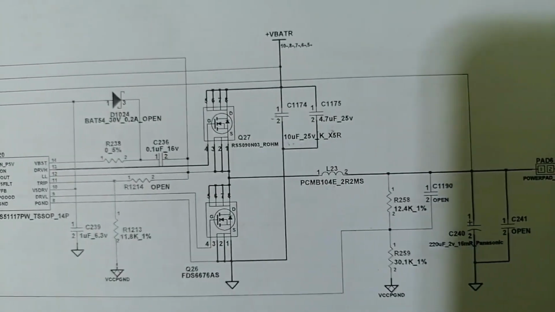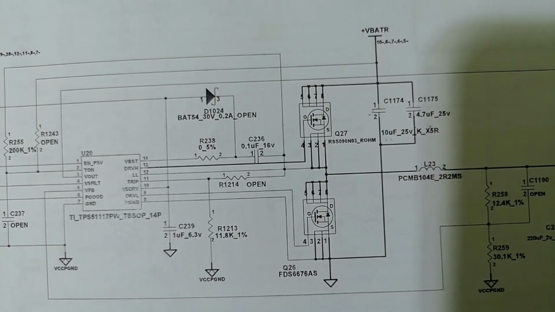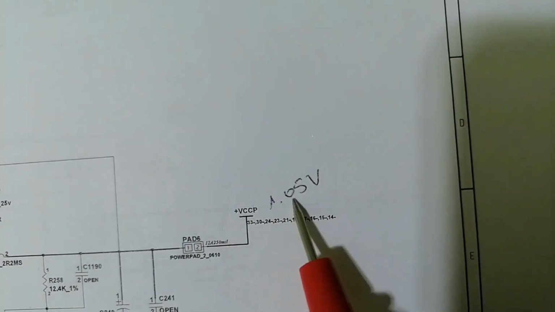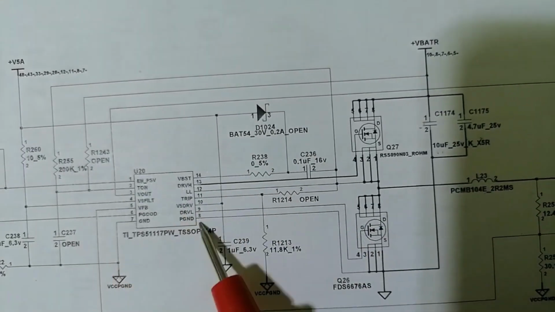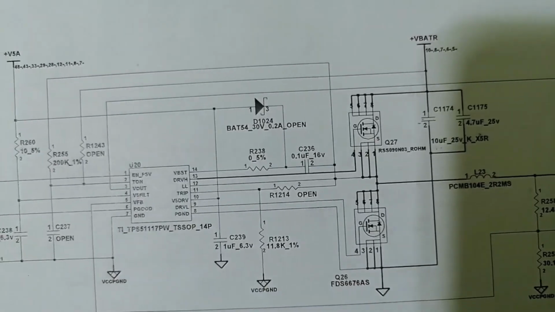So in order to get the output, the IC should first receive the inputs. If I didn't get 1.05 volt plus VCCP here, it doesn't automatically mean the IC is bad. No, you should check the inputs first.